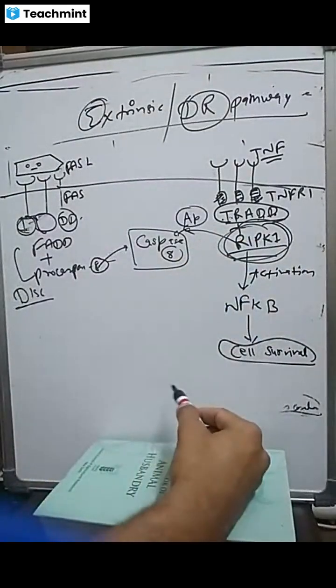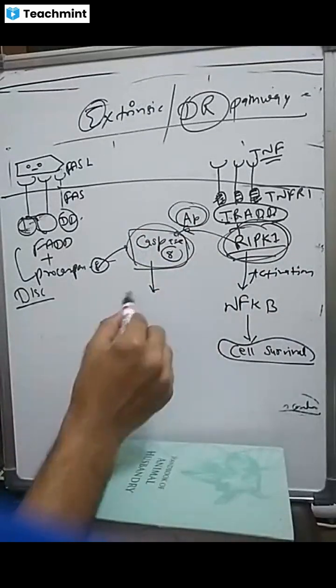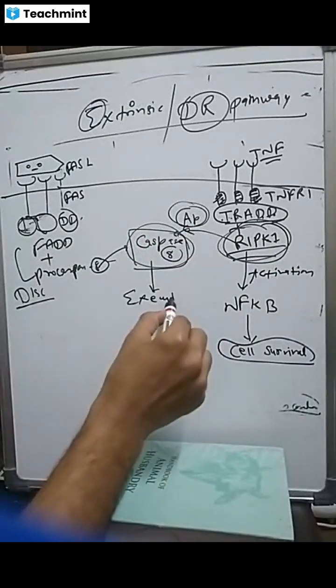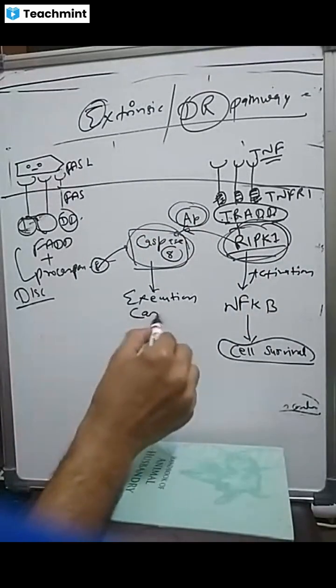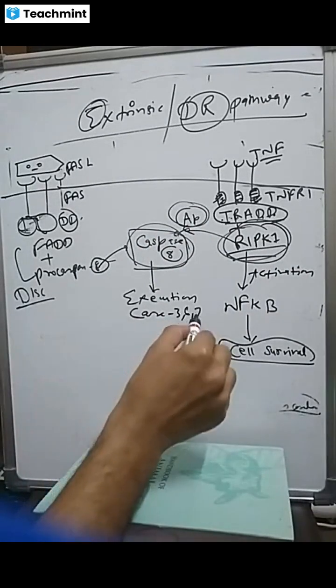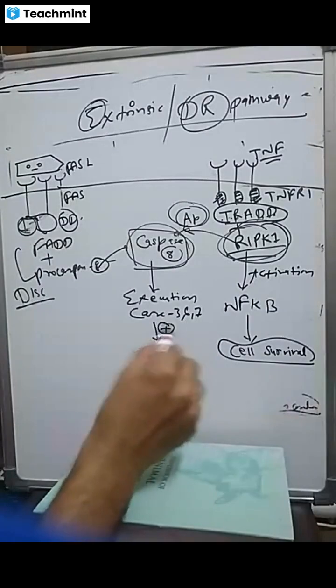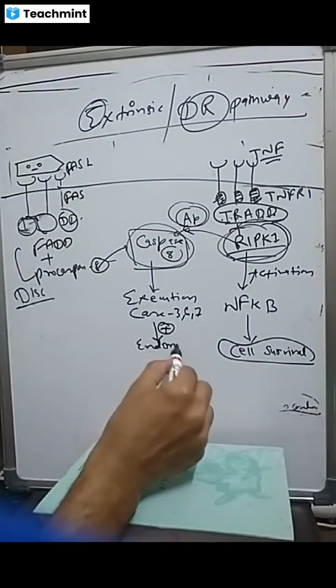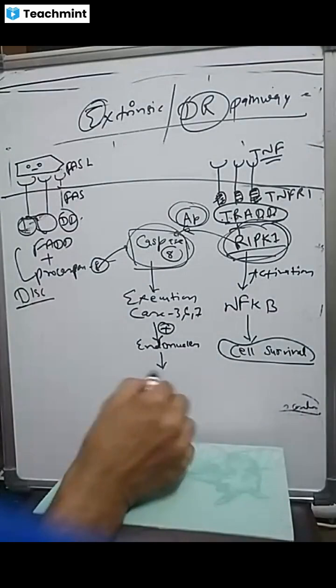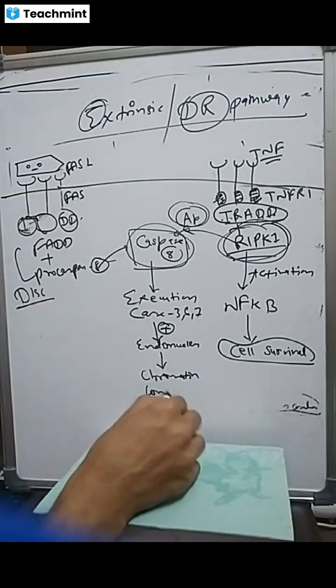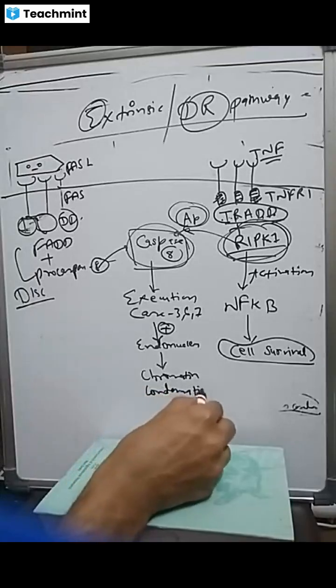This RIPK1 associating with this adapter molecule TRADD may lead to the apoptosis pathway, that is activation of caspase 8, then execution or effector caspase 3, 6, 7, and then activation of your endonuclease, and your characteristic feature will come out, chromatin condensation.